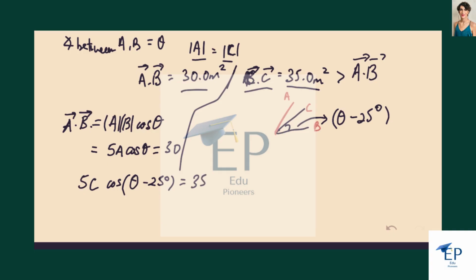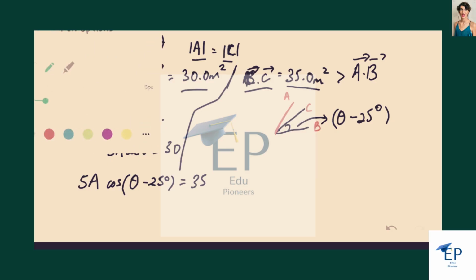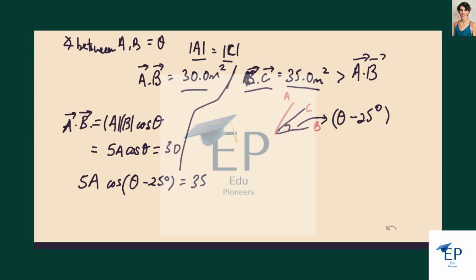Now we are given that A and C have the same magnitude, so we can replace this with just A. Now to solve this, from the first equation, we can infer that A cosine theta must be equal to 6.